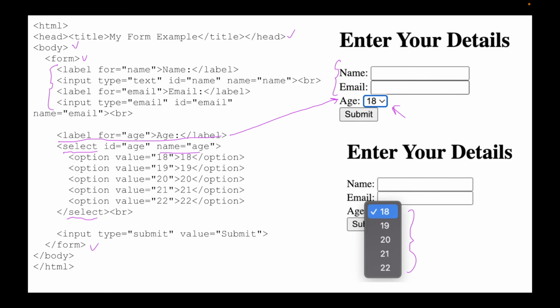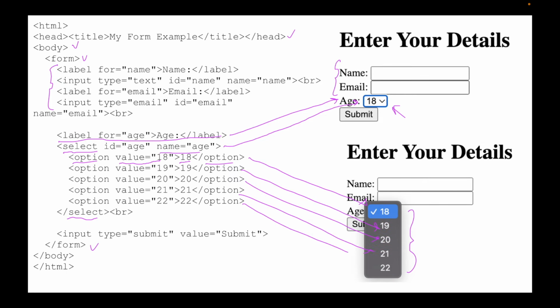And then inside select, we're going to have all the various options we can select from the dropdown. So this select leads to us just being able to see a dropdown. Then all these various options with their value and then the text that should be displayed, that's all going to be what we see right here. So each one of these is going to correspond to this, this, this, and this.